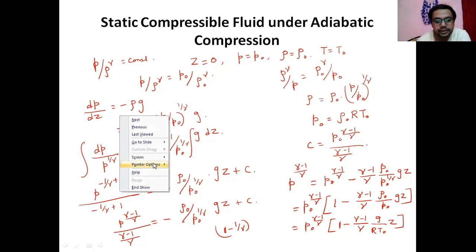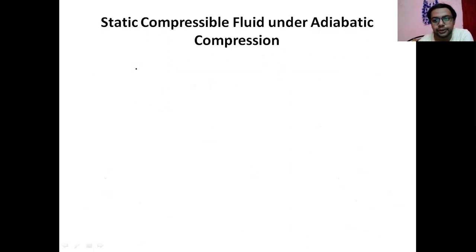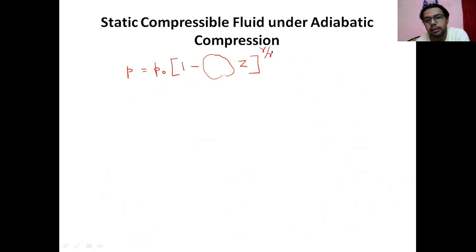Hence, if you write it in this manner, your equation comes as P to the power of some values, equal to P0 into 1 minus some term into z, to the power gamma by (gamma minus 1).